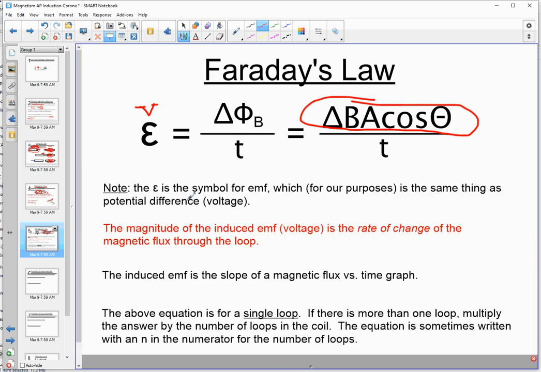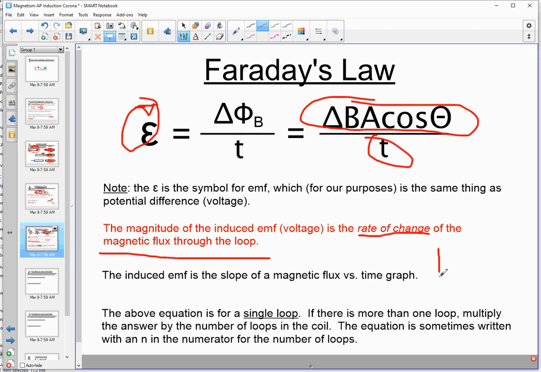So a couple of quick notes here. This E is EMF, or voltage. Here's some good wording. The magnitude of the induced EMF, or voltage, is the rate of change. Notice the t in the denominator. The rate of change of the magnetic flux. Remember, the thing that's in the numerator is the thing that's being rated. So this would be the rate of change of the magnetic flux.